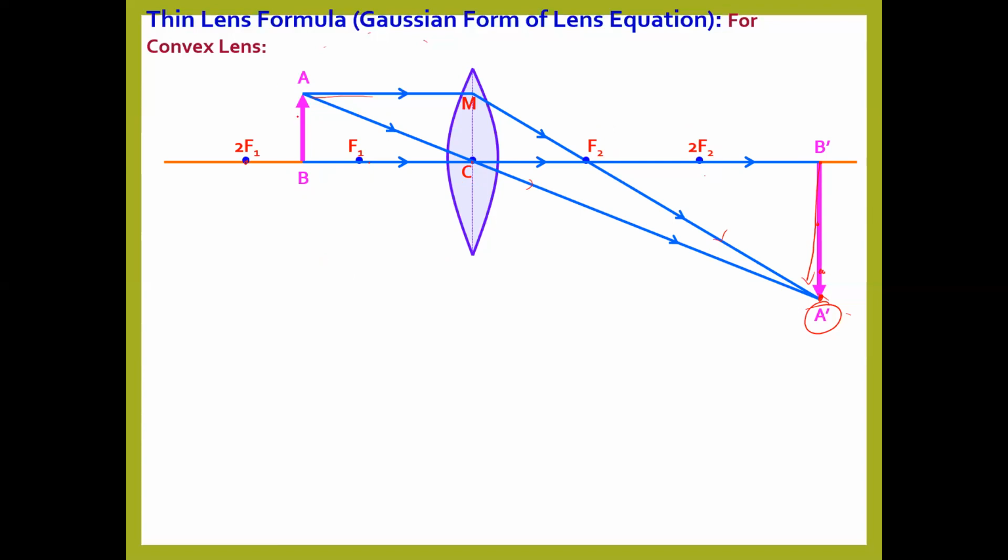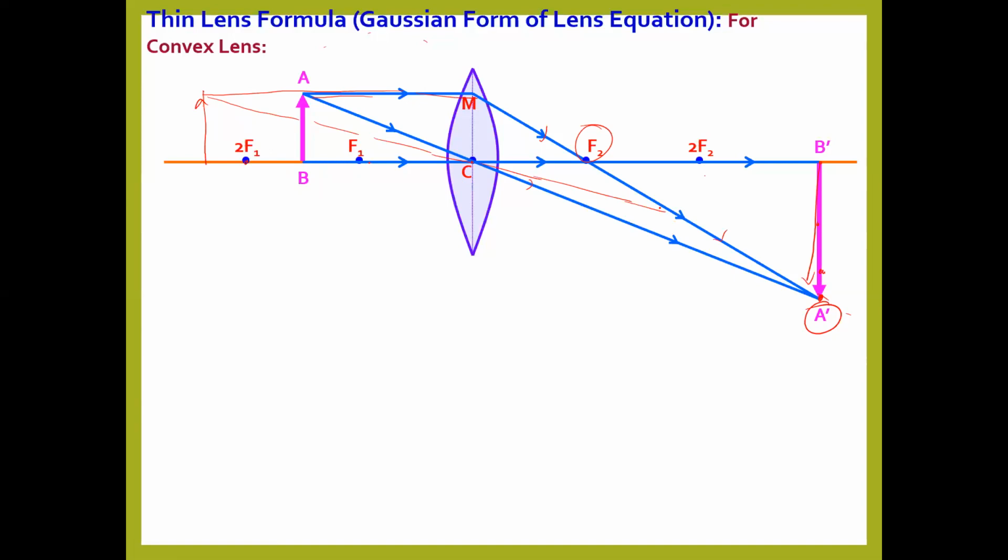Now, depending on the position of the object, the image changes. The ray will go through that line only, because it always moves through the focal point. But now what will happen, it will move the center.